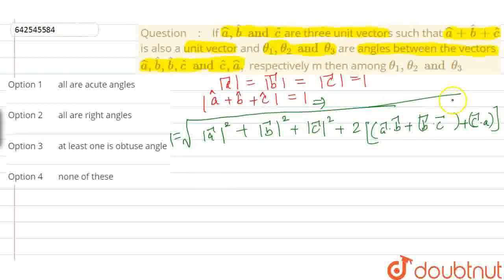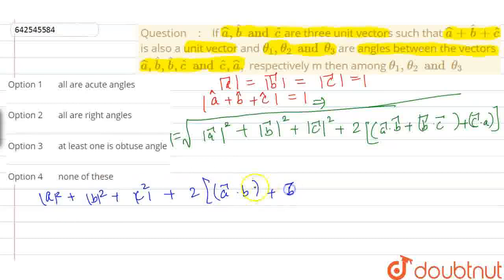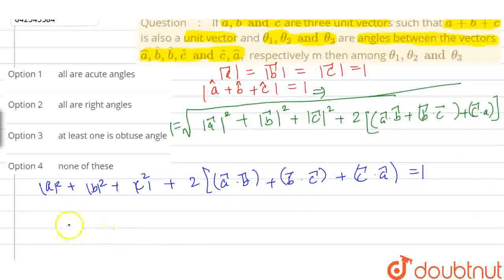So if we square this equation on both sides, then we obtain A square plus B square plus C square plus 2 times A dot B plus B dot C plus C dot A, which again is equal to 1. Now, the magnitudes of A, B, C are equal to 1, so we can write this as 1 plus 1 plus 1 plus 2 into the dot products.